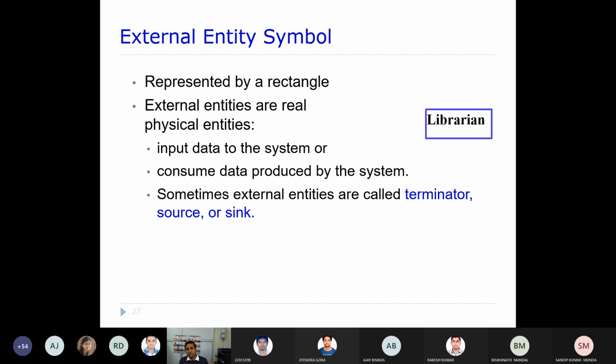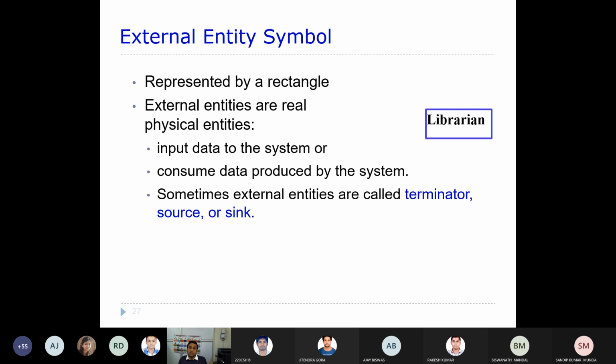Now these external entities are represented by the rectangle, and within this rectangle you give the exact name. Let's say for your library automation system, one external entity can be a librarian, because he is the one who inputs data into the system, as well as the one who takes the output.